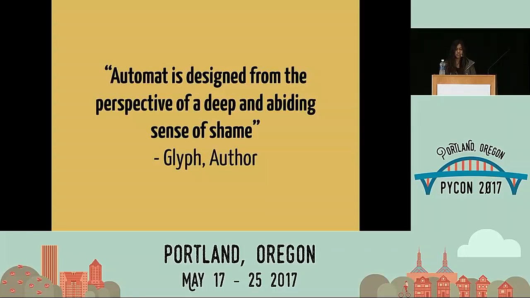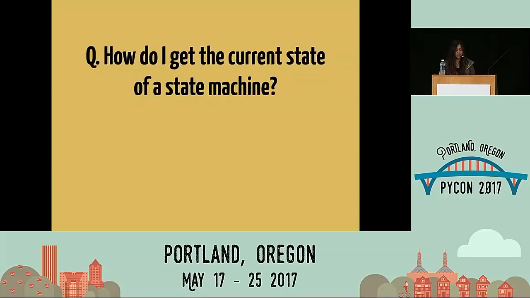Automat also has a very strong opinion about managing state. When you ask it a question like, how do I get the current state of a state machine? It clearly says, you can't. So the interface that the rest of your code cares about is completely separate from the state machine implementation.